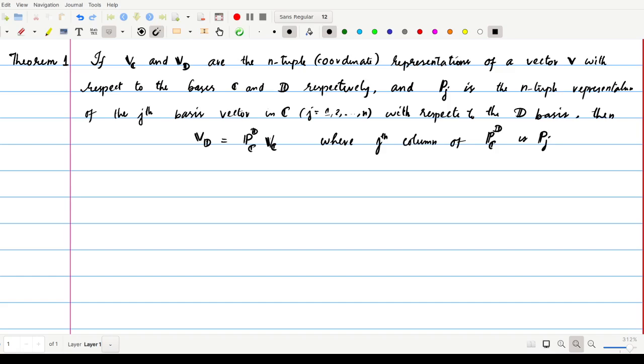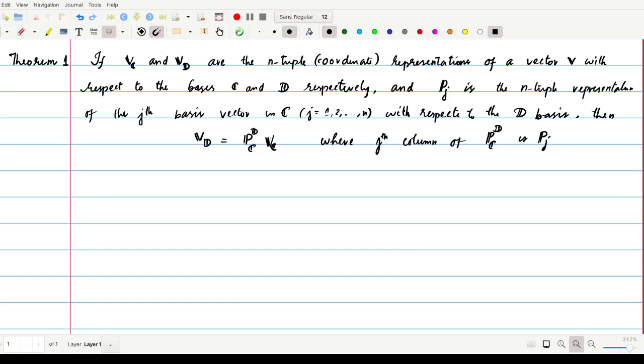Then VD, the coordinates of V relative to the basis D, is equal to P times VC, the coordinates of V relative to the basis C. P is the matrix obtained by connecting the basis elements in C and the basis elements in D. This matrix is obtained by writing this Pj as the jth column of that matrix. So this is what we have to prove.